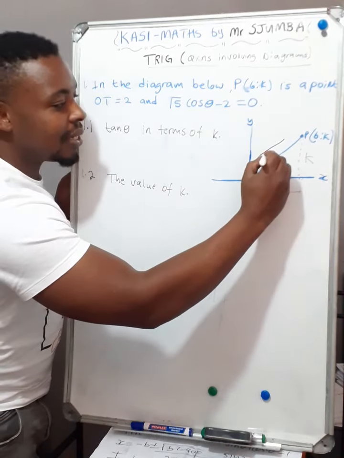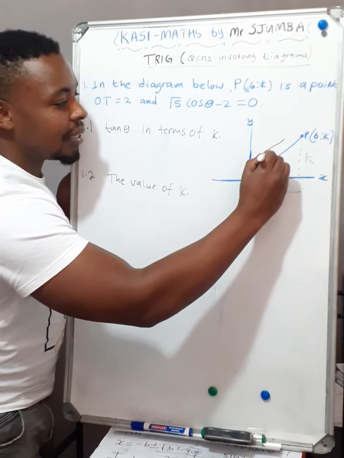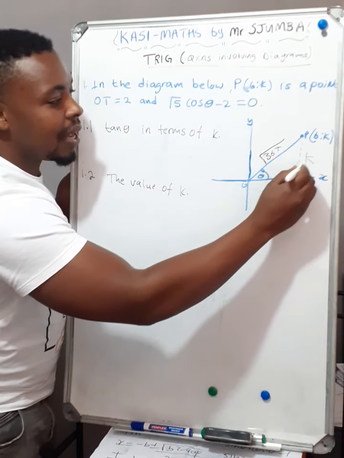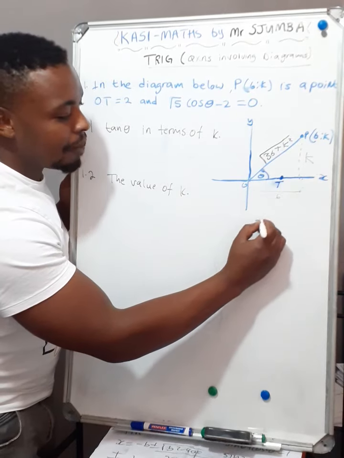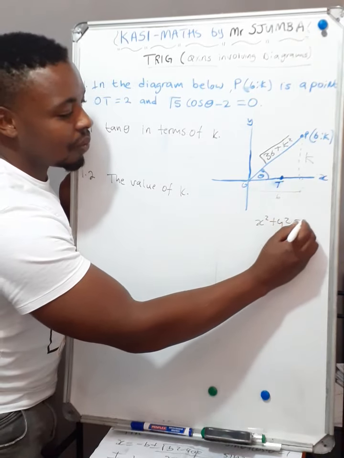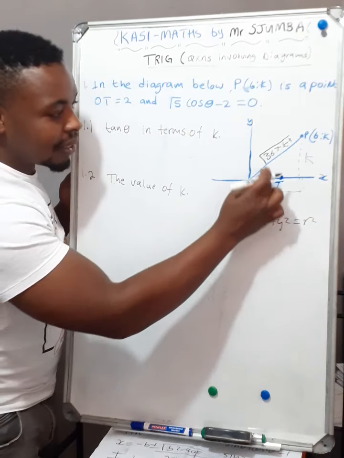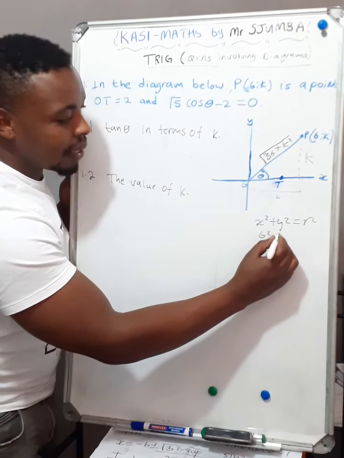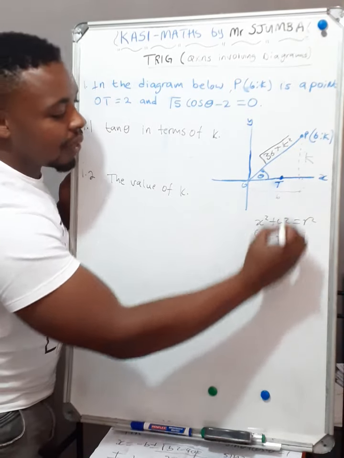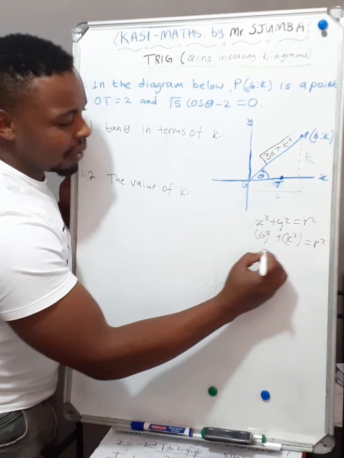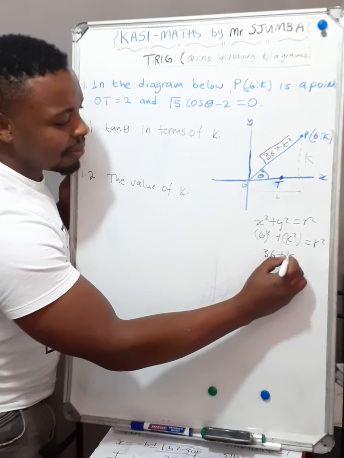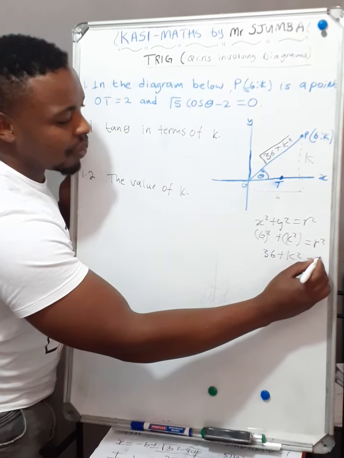Shortest side should be 6 squared, which is 36, plus K squared. I write first x squared plus y squared equals r squared. 6 squared plus K squared equals r squared. So this is 36 plus k squared equals r squared.